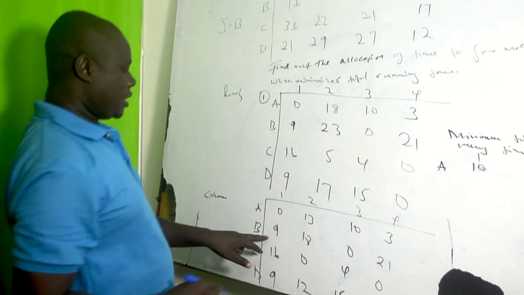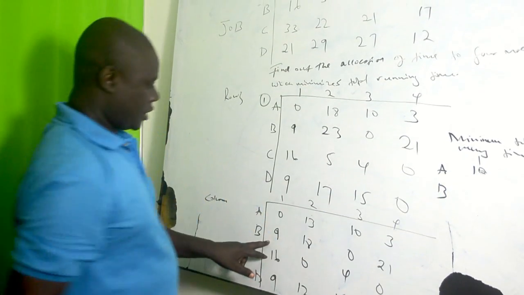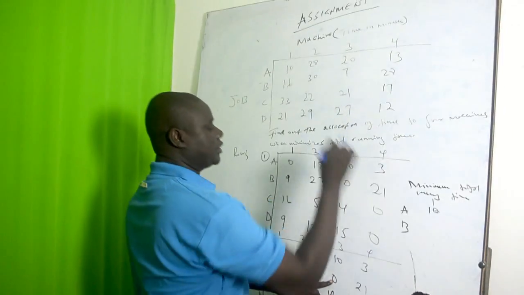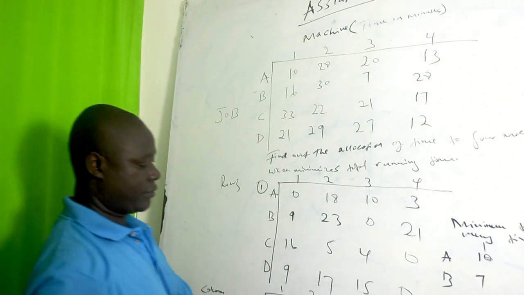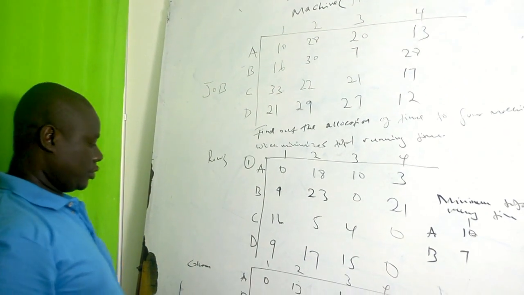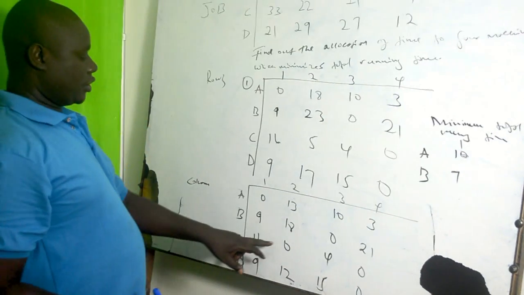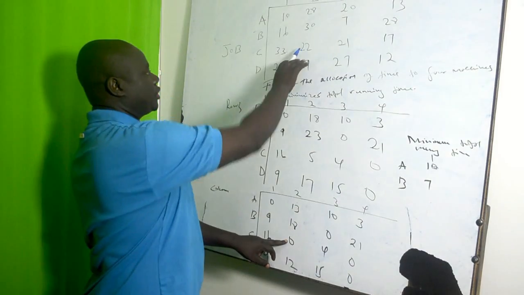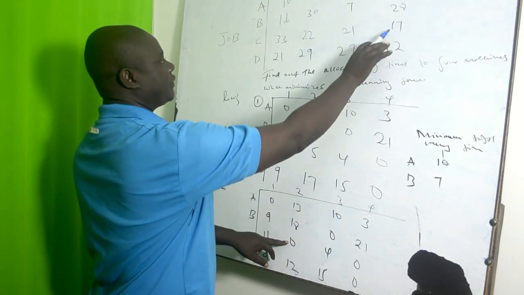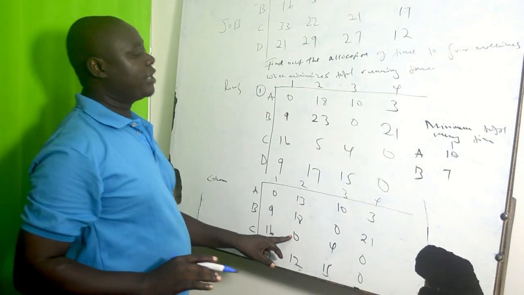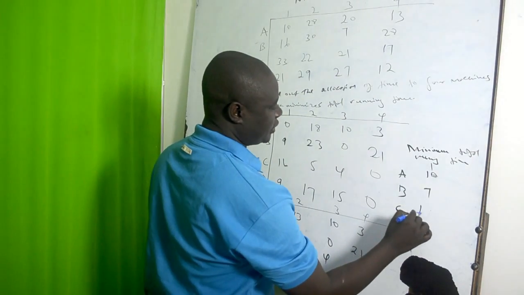If you come to B, 0 is at this point. The minimum number was 7. If you come to C, we have 0 here and we have 0 here. So here 0 was 22 and here 0 was 17. So we have 22 and 17. We choose the minimum, the smallest, so it's 17.